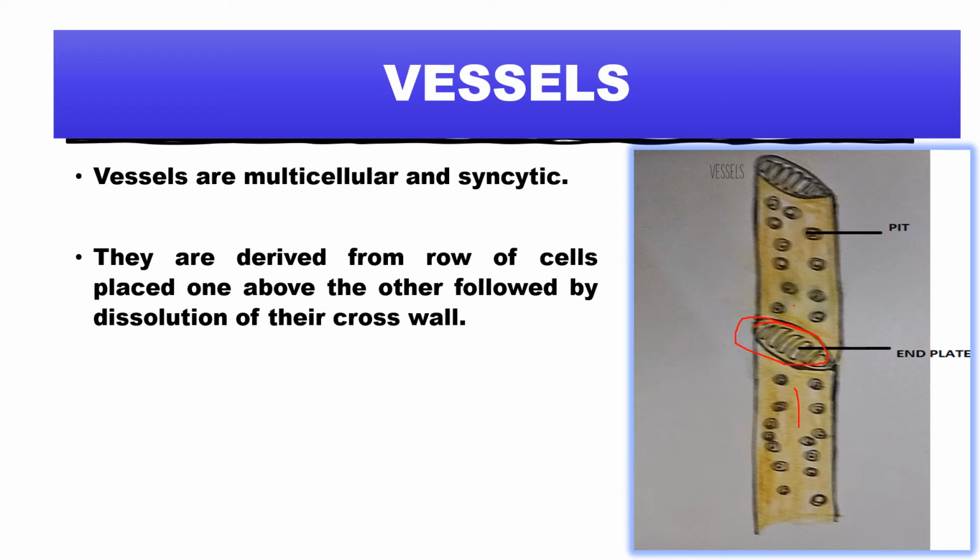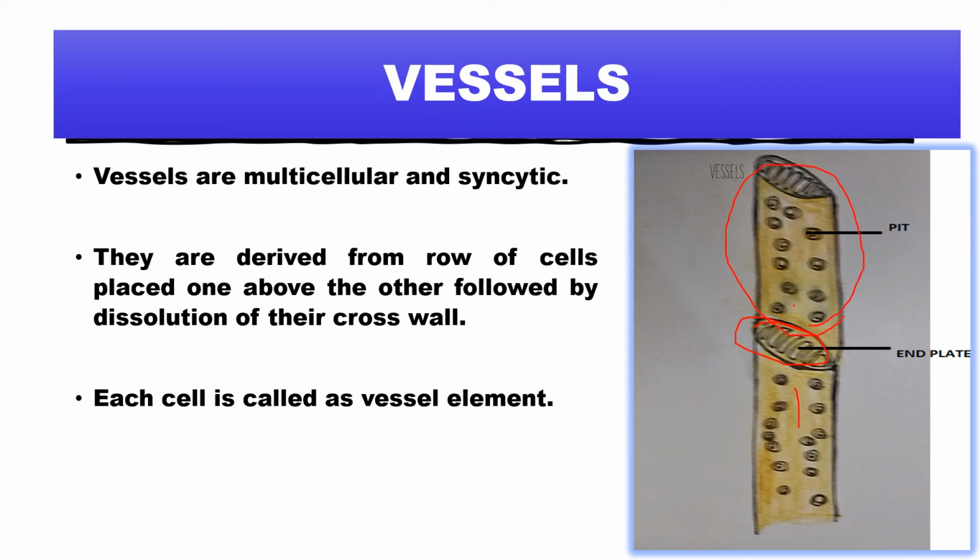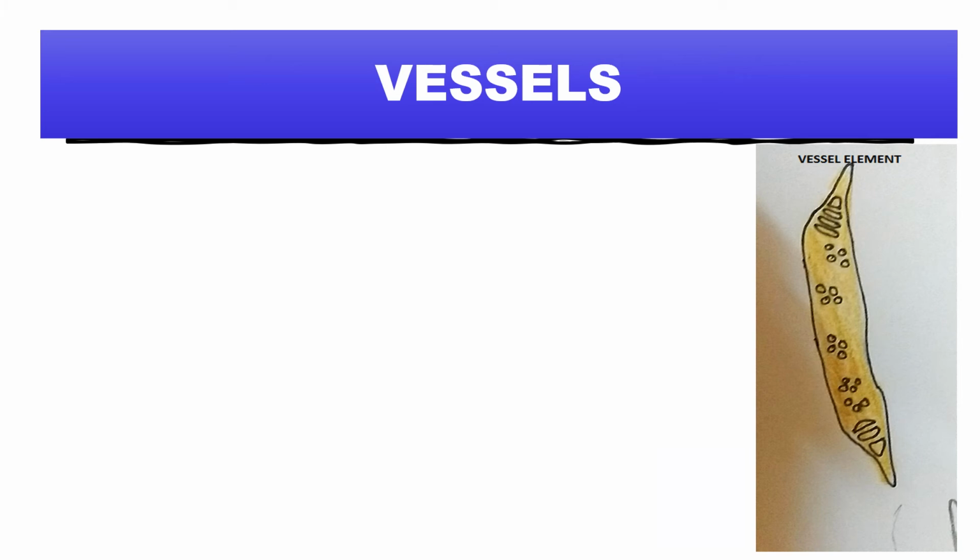It's a long chain of cells joined end to end. Each cell of the vessel is called a vessel element, or we can say that vessel elements are arranged together to form the vessel.